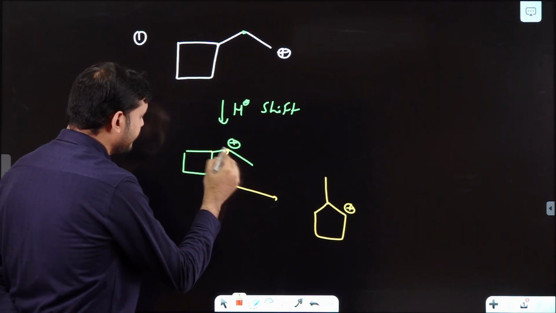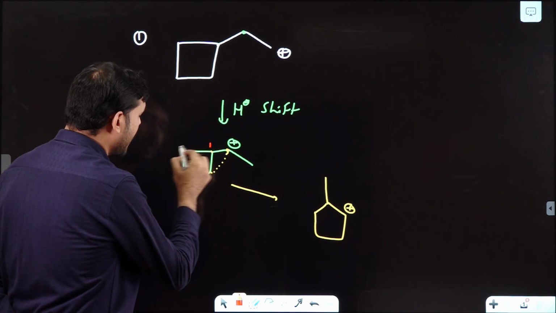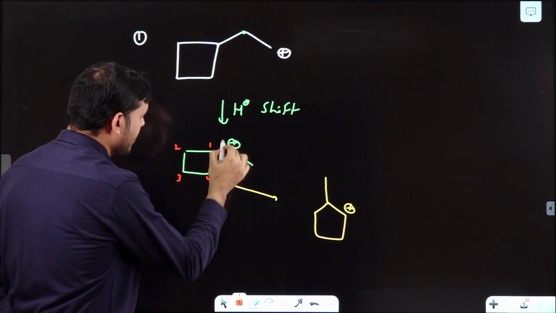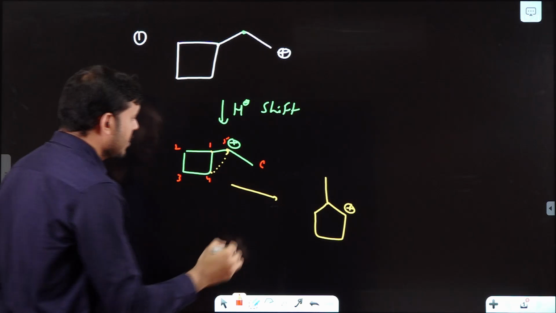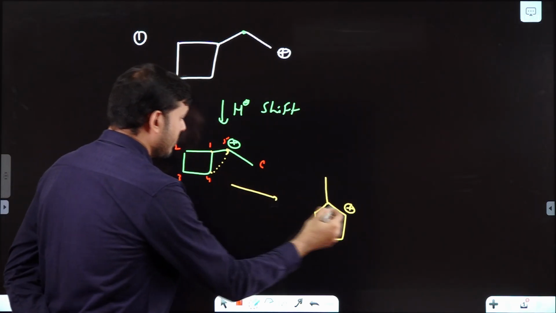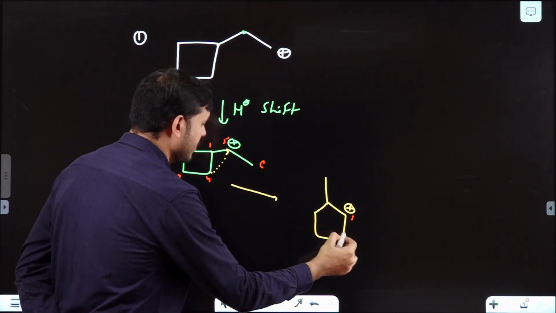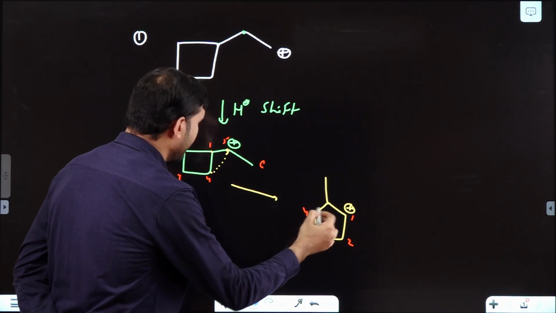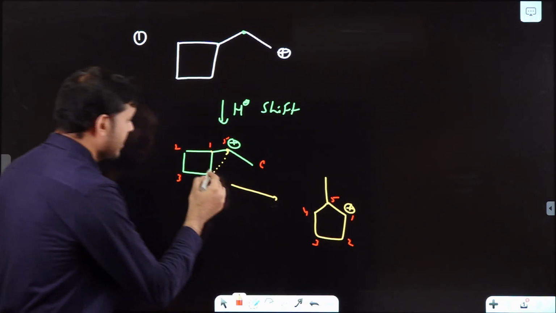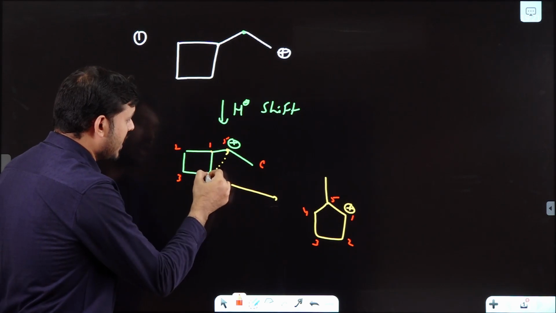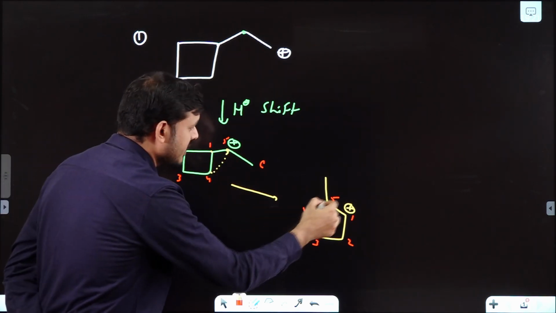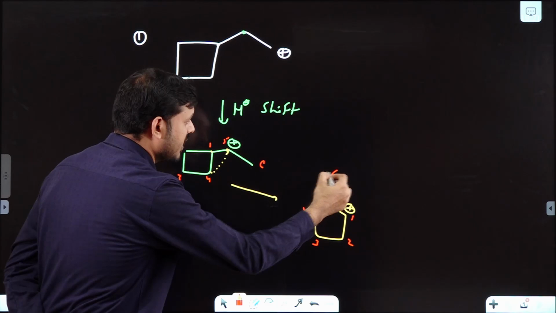Suppose this is 1, 2, 3, 4, 5 and 6. Okay. So this is your 1, 2, 3, 4 and this carbon 5. See, from 1, 4 bond has broken and 4, 5 is connected. So 4, 5 is connected, 1, 4 is broken and now it is 6.